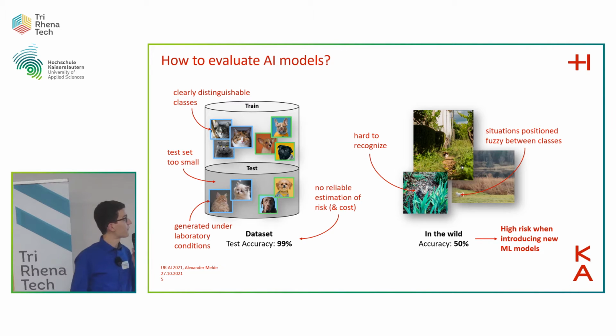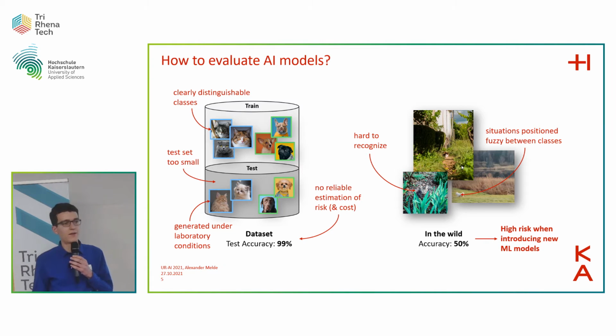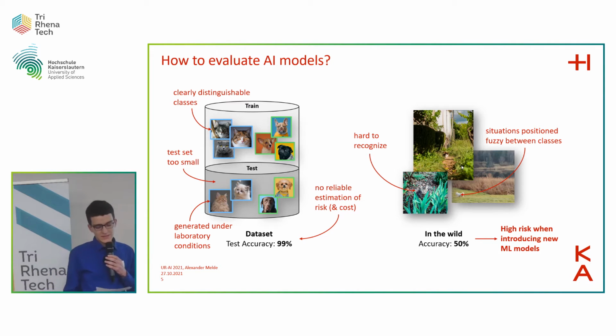Classifiers are often trained with clearly distinguishable classes, or images could be generated under laboratory conditions, or the test set is just too small. In these cases, standard evaluation methods like the accuracy do not lead to reliable estimations of risk and cost. And why is that? Well, if training and test data don't represent the real world, the models can't generalize.